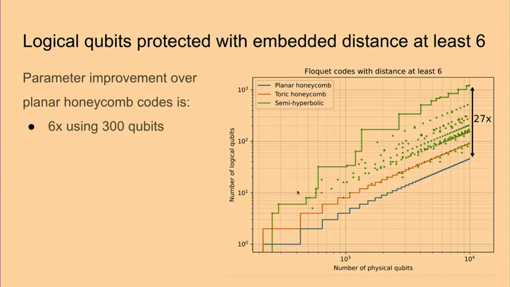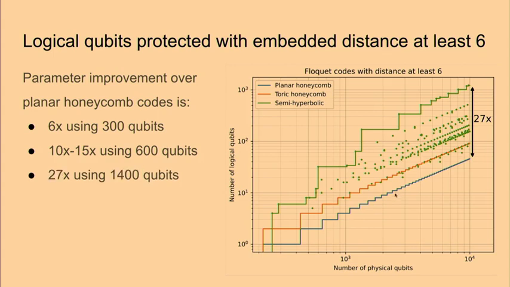And so we can see that for a given number of physical qubits, what this graph is showing is how many logical qubits of at least distance 6 you can achieve with either many copies of these plain honeycomb codes or toric or semi-hyperbolic codes. Even with, say, 300 physical qubits, you can encode 6 times more logical qubits using hyperbolic Floquet codes. Using 600 physical qubits, you can encode 10 to 15 times more logical qubits. And then with 1,400, you can encode 27 times more. So you get roughly an order of magnitude more logical qubits for a given physical system size.